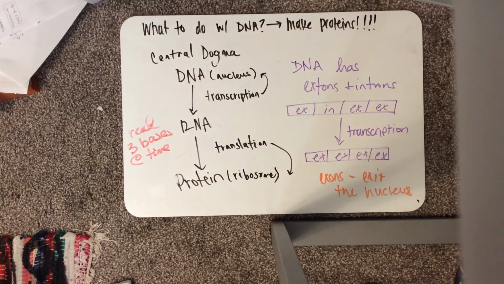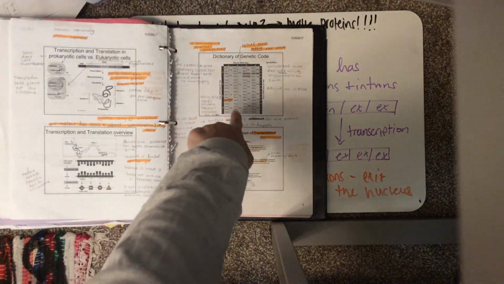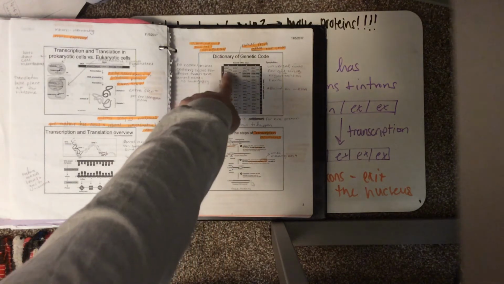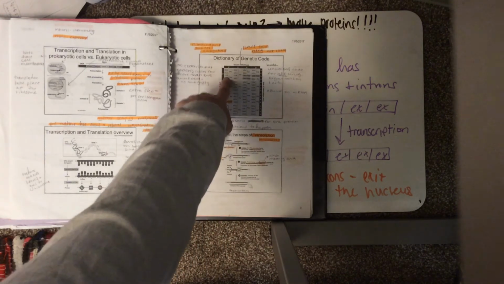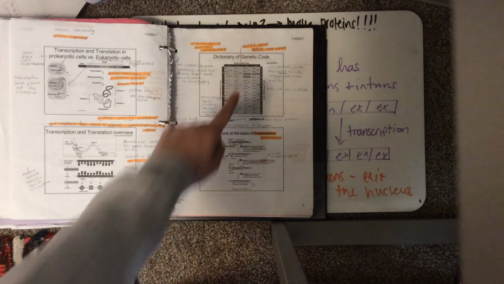Again, my notes are going to look really messy to you guys, but you have this code, which you probably have in your notes, and based on the codon, it will tell you what amino acid it's going to code for. Okay?